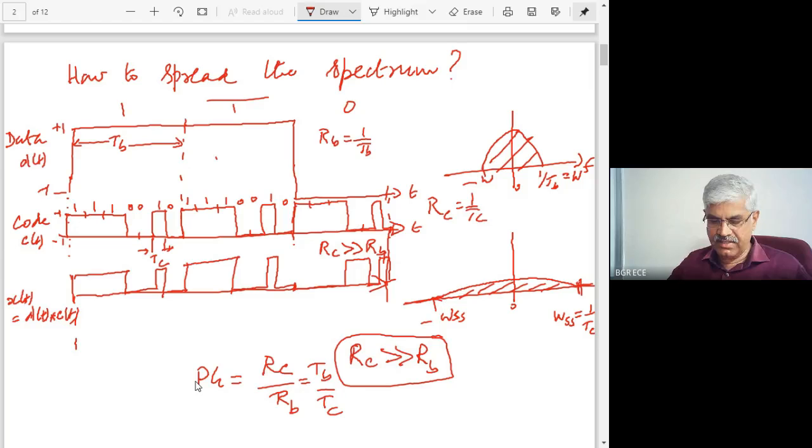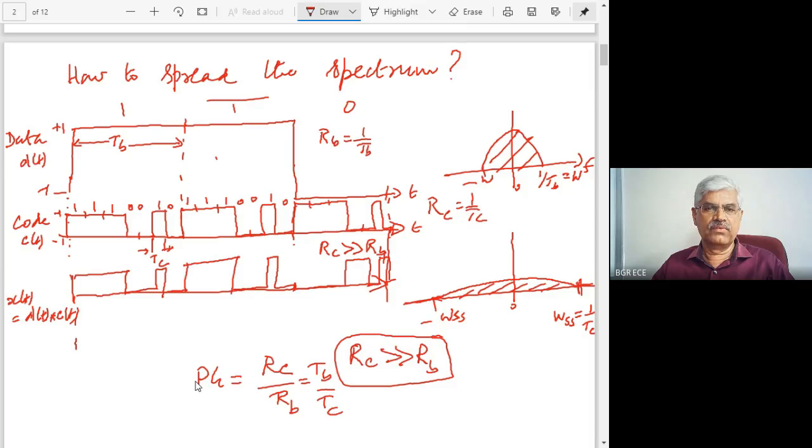So let us understand this. There is a need to survive communication in the presence of a hostile environment like jamming, intercept, and so on, which normally happens in military communication. For this a technique is required, which is called spread spectrum.